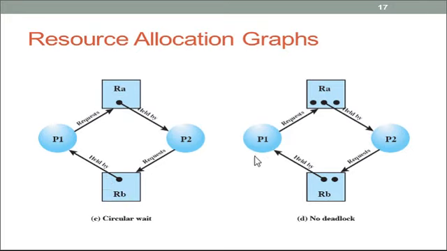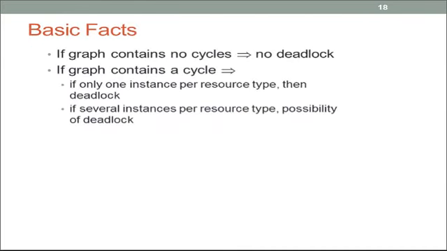But if you see the second graph, P1 to RA, RA to P2, P2 to RB and RB to P1, in this case we have multiple instances for the resources RA as well as RB. So there is no deadlock even though there is a cycle. But in the first graph, we have a cycle and we have the deadlock as there is a single instance of the resource. So the number of instances of a resource is very important to understand whether there is a deadlock or not.